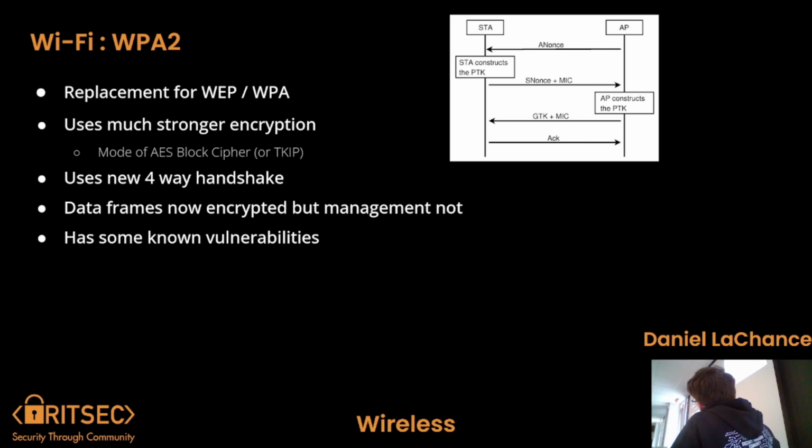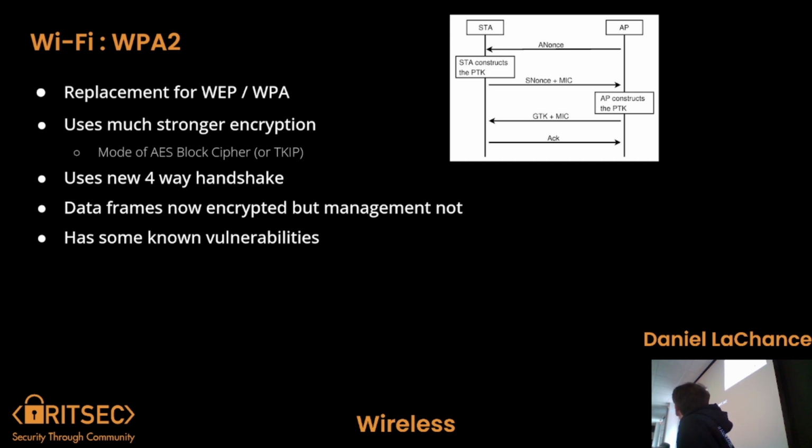The way that you can get the key is using the 4-way handshake, where they're setting up all of their secret keys. If you have that, then you can start brute forcing. And you have to brute force pretty much every single step, so it takes a little while.